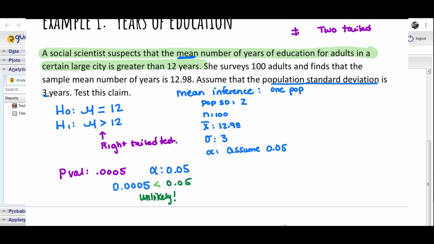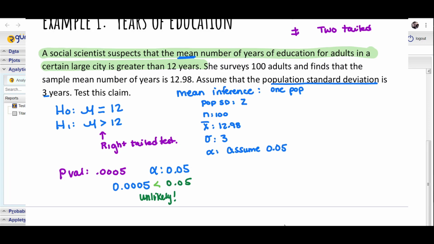Right? So what is unlikely? It's unlikely that if the true mean really were 12, that if you took a sample of 100 adults, that you would get a sample mean that is 12.98. That's 0.98 bigger than the true mean. That's if it were equal to 12. So what we're saying here is this is very unlikely to happen, to get a sample stat that much higher than the true mean if the true mean is really 12.